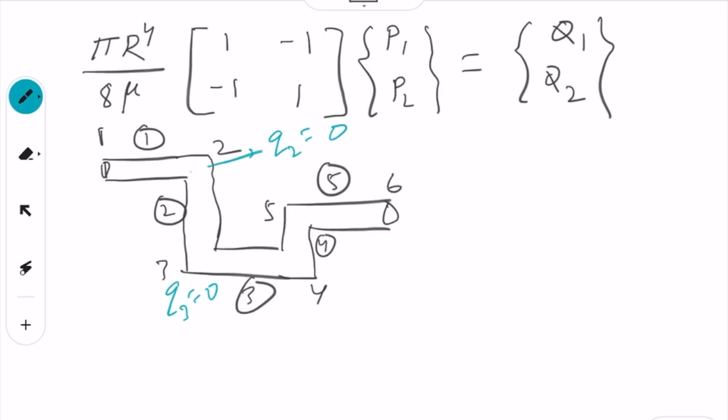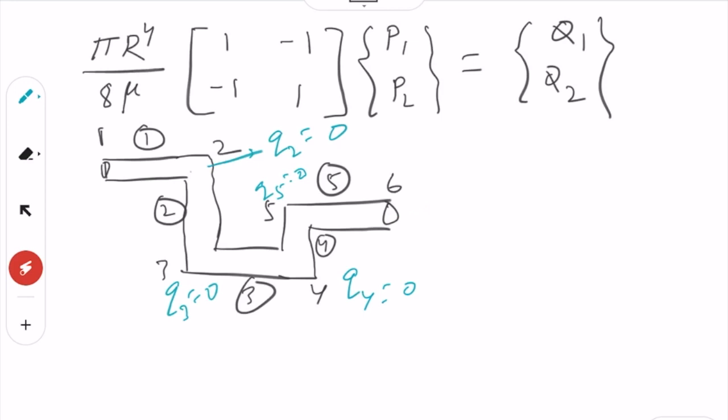Q3 equal to 0, then Q4 equal to 0, Q5 equal to 0, and the Q1 and Q6 will have some value. So you don't know, either you can give a pressure here or Q here.